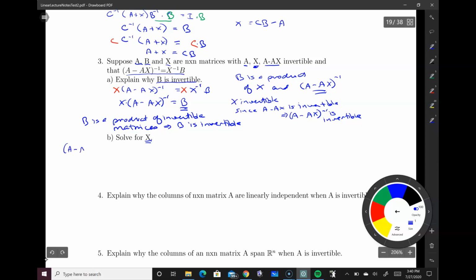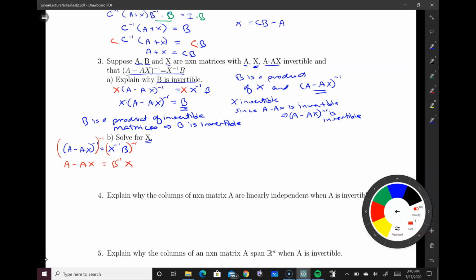A minus AX inverse equals X inverse B. Okay, so now from here, I'm going to take the inverse of both sides. Take the inverse of an inverse. That gives me A minus AX on the left-hand side. And you remember how you take the inverse of a product? You switch the order. So I get B inverse, and this is X inverse inverse, which is X.